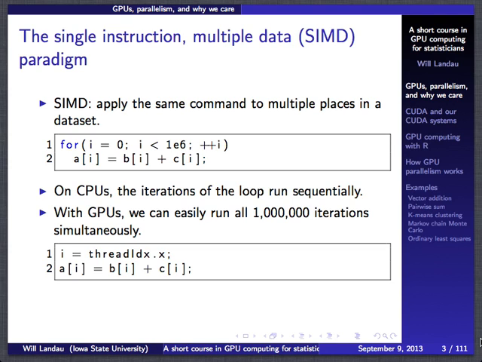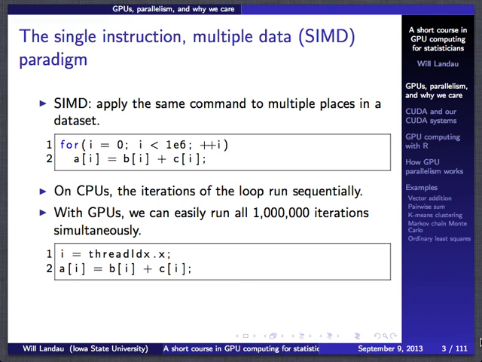similar 2 lines, except that we're going to spawn what are called threads, and each thread is going to be an instance of your instruction. You have 1,000,000 of these threads, and each thread is going to take one pair and sum it up. That's what it's all about.